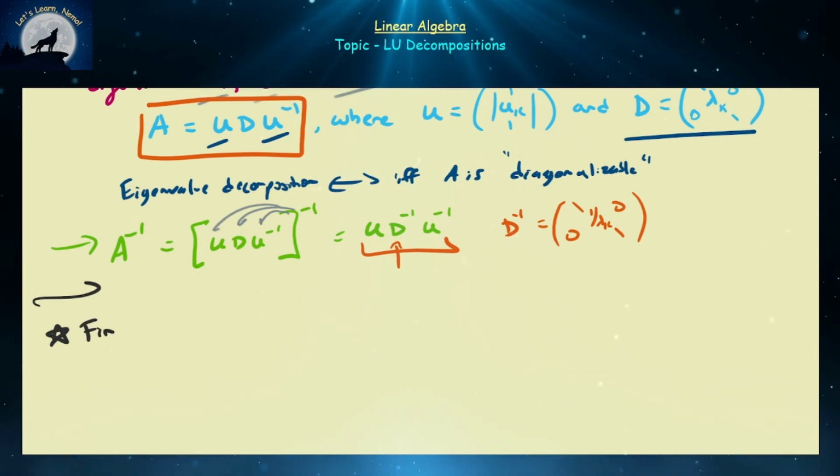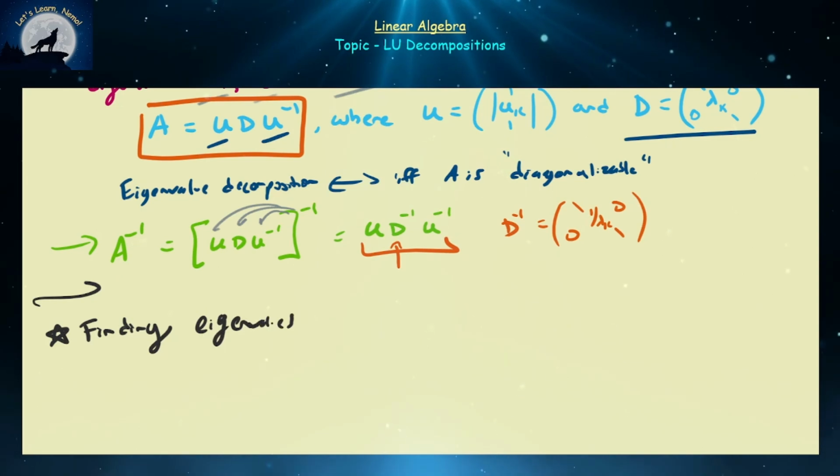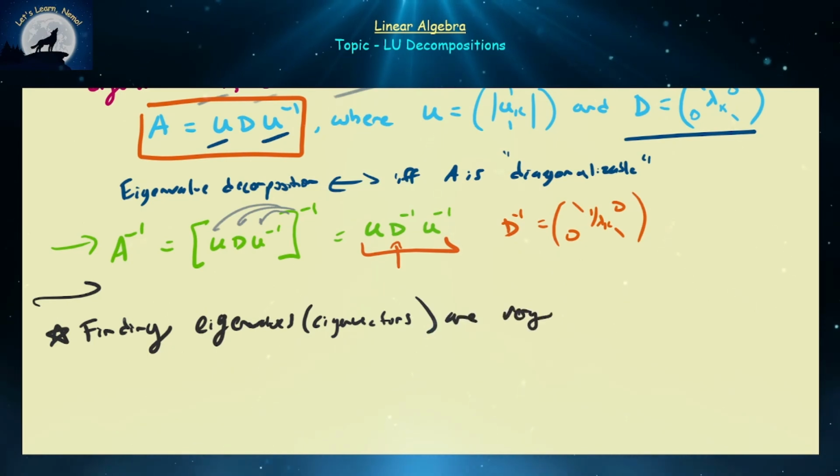So overall, we can clearly see, and you can just do a 4 by 4 matrix as an example, that finding eigenvalues and also eigenvectors is very, very expensive in terms of time and computation.